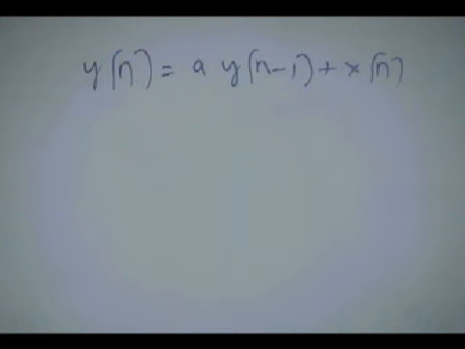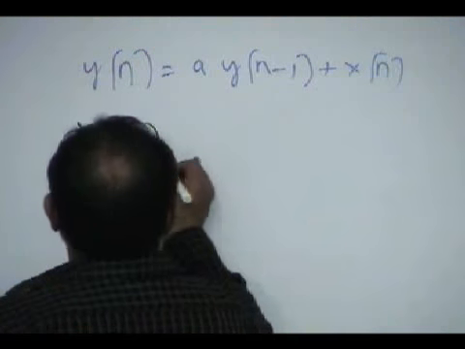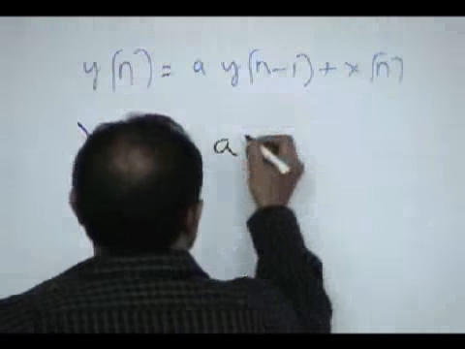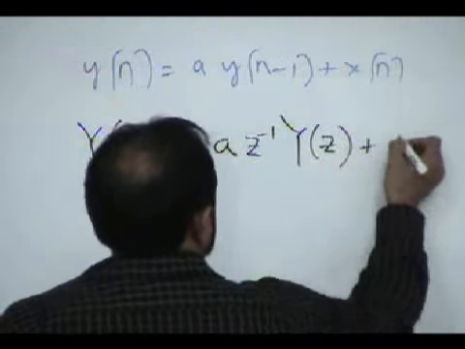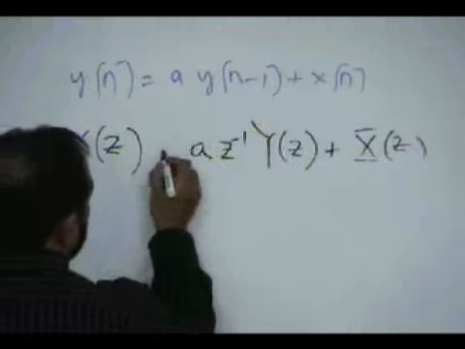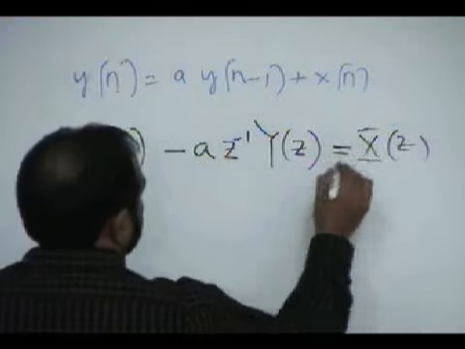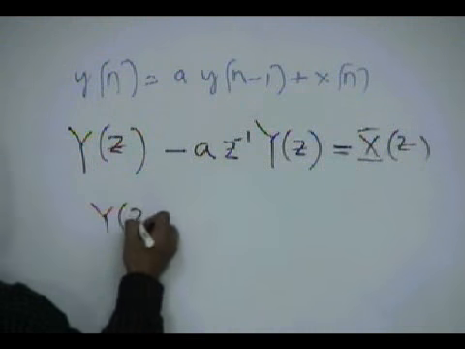Now if you take Z transform of both sides, y of n is Y of Z, a is a constant and a delay means Z minus 1. Y of Z plus X of n is X of Z. So you bring a on this side, this is what you get, and then take Y of Z common.